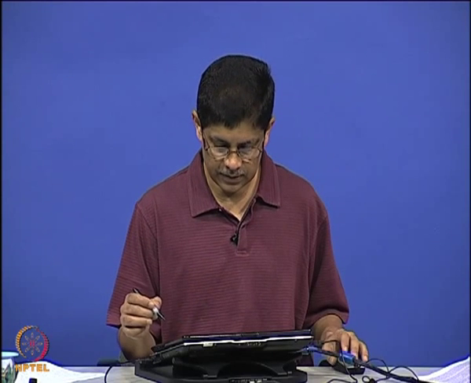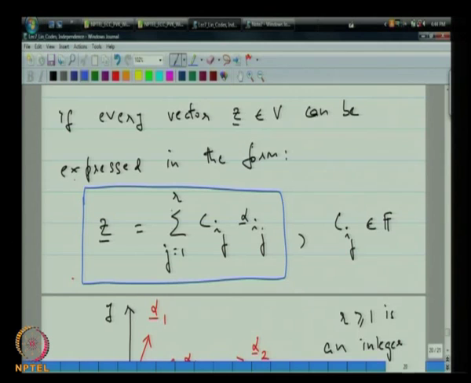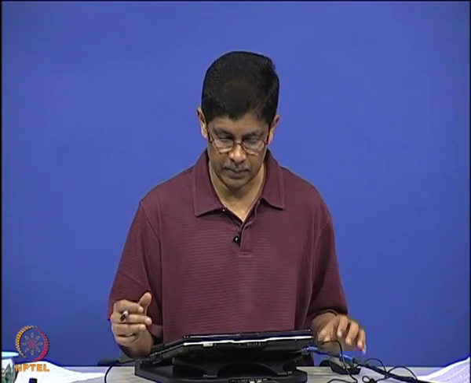So in the case when it is infinite, if you want to make sure that it is able to generate a certain vector z, then all you will do is call upon a certain finite subset of vectors. Whenever you take a linear combination, the linear combination will only involve a finite number of objects. However, the set from which they are actually drawn can be infinite. Okay. So that is a subtle distinction.